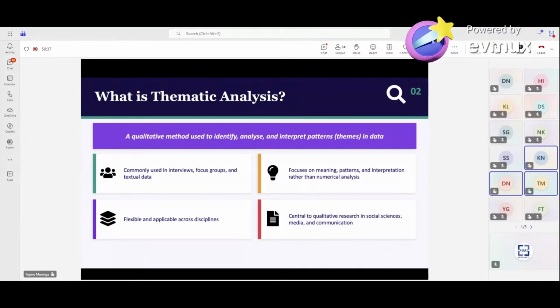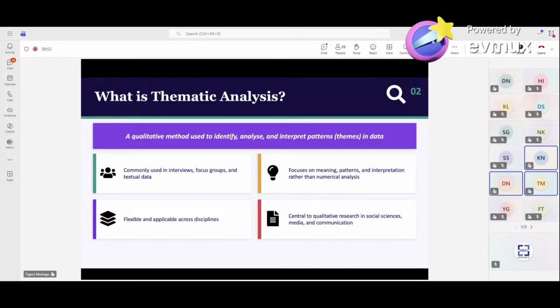It is not applicable only when you are doing a purely quantitative study. That's where we have limitations in terms of thematic analysis, but it applies in various disciplines.